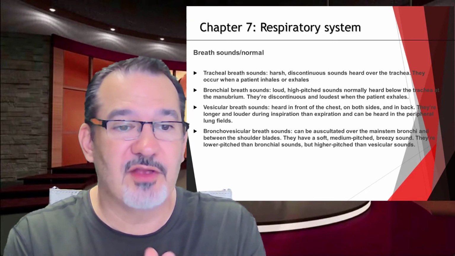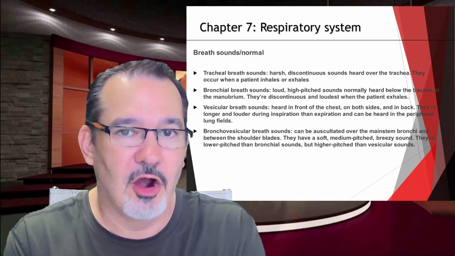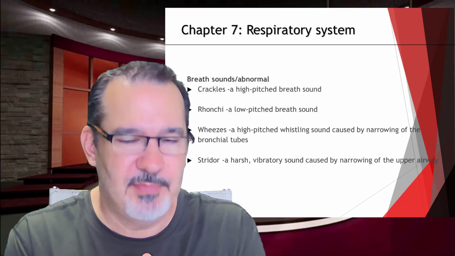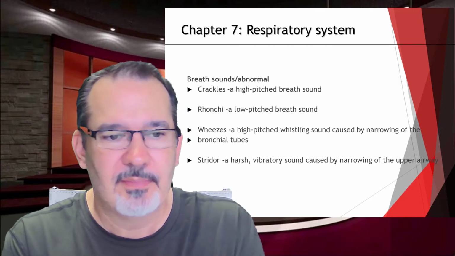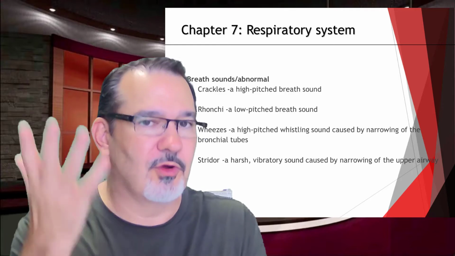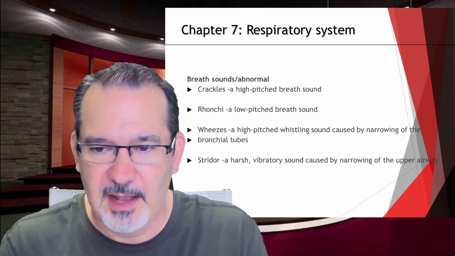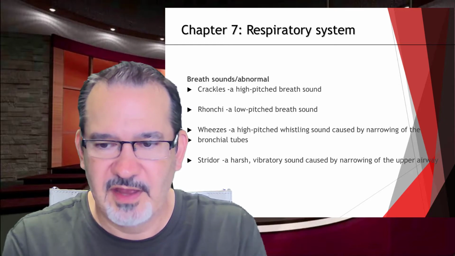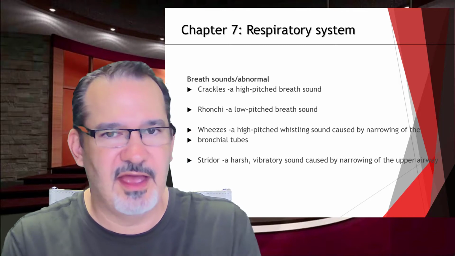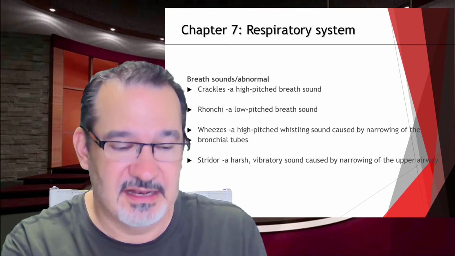Let's see, different breath sounds. Okay, crackles are sometimes called rales, R-A-L-E-S. Okay, that's a good one, a high-pitched breathing sound. Rhonchi are low-pitched breath sounds, so crackles are high-pitched, rhonchi are low-pitched. The rhonchi is typically like these low-pitched bubbling sounds, and primarily on exhaling.